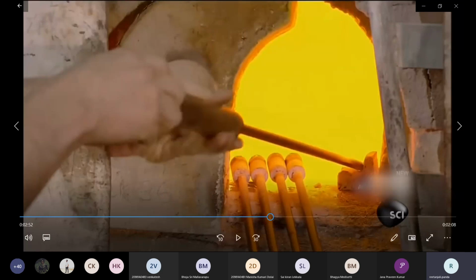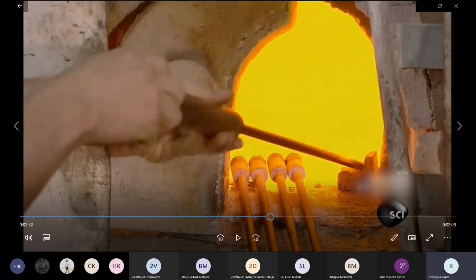In blowing, we will be getting things like jars, bottles, or the bulbs we use in households, electric light bulbs, those which have a pot-like structure. All these things we get by using the blowing process. What will we be doing in this one? Here also we melt the glass, then we bring it up with that rod.